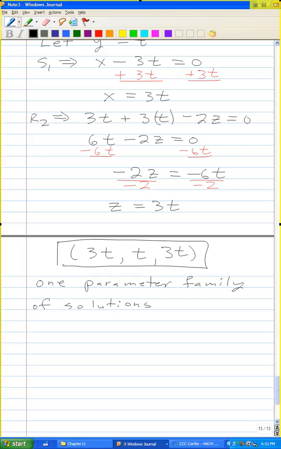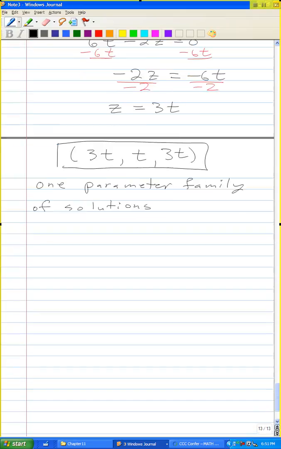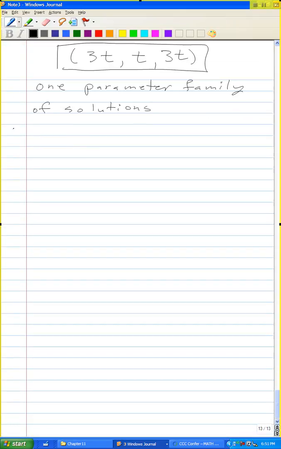Let me do problem number 50. R1: x plus 6y plus 3z plus 8w equals 0.